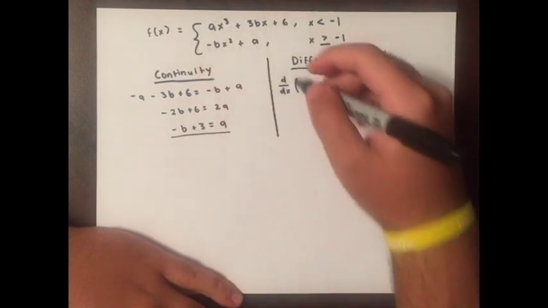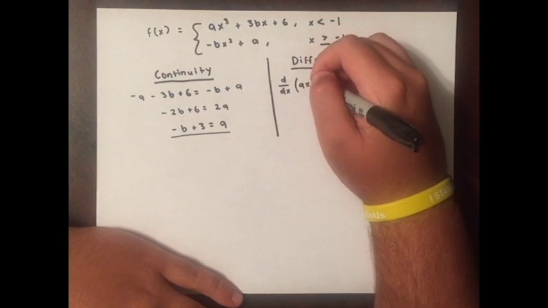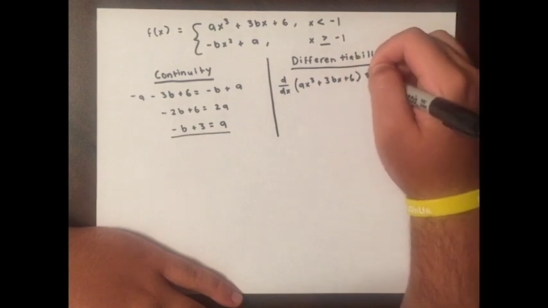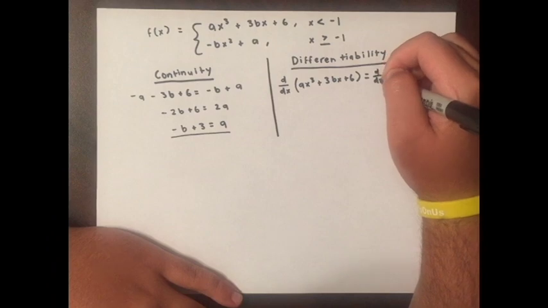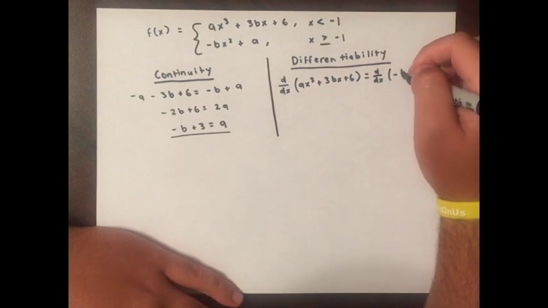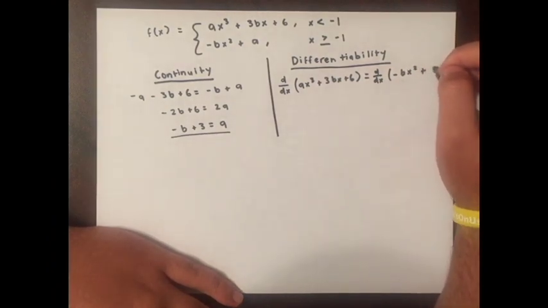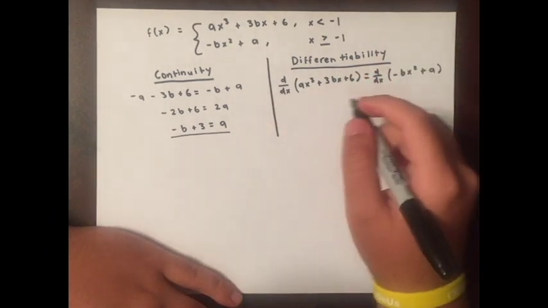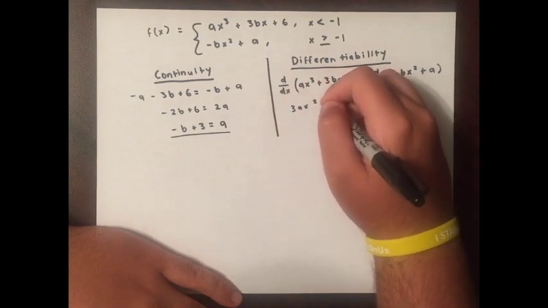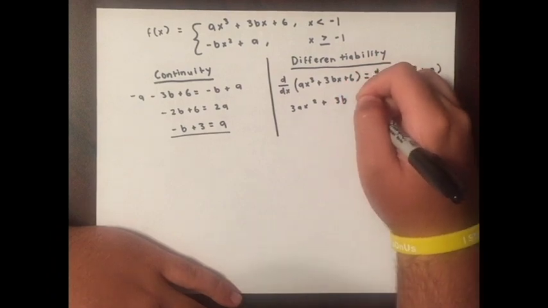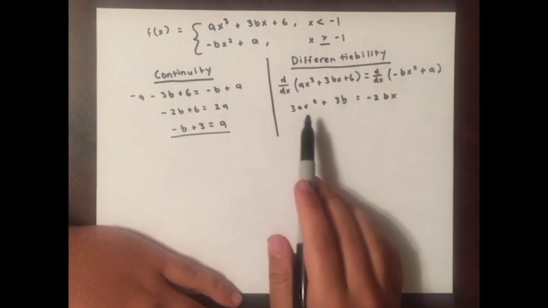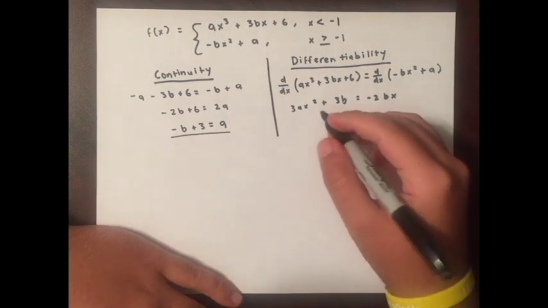So you're gonna have to do d over dx of a times x to the third plus 3bx plus 6, and equate that to d over dx of negative bx squared plus a, which is both halves of the piecewise function. So when you derive both sides, you get 3a times x squared plus 3b, and that's equal to negative 2bx. And from there you have to plug in -1 to the x's in the equation you just got.